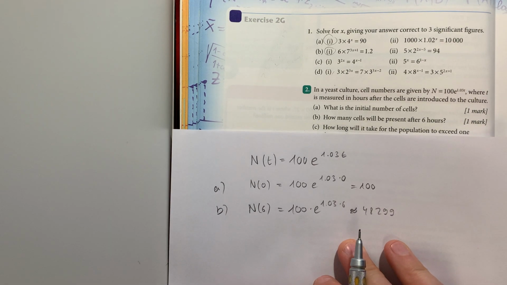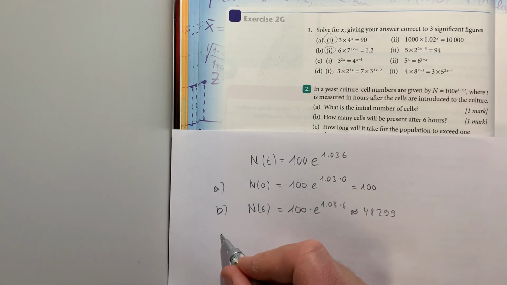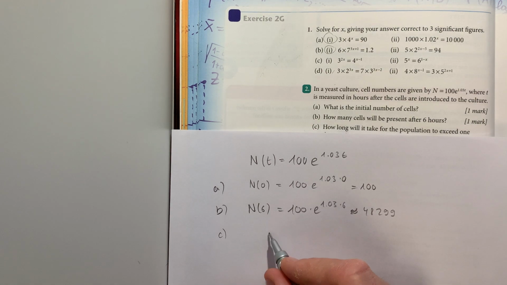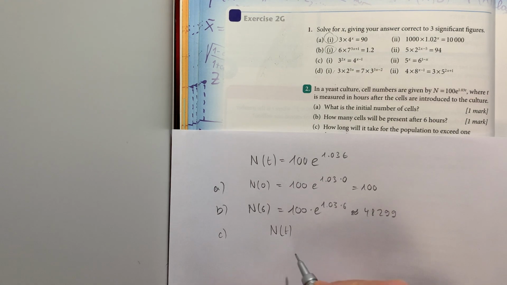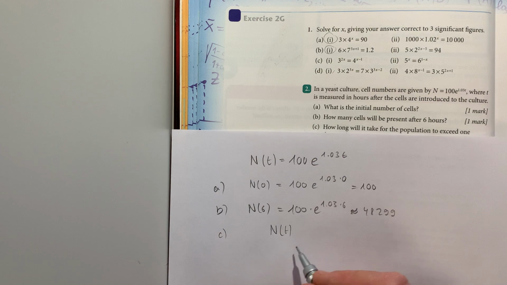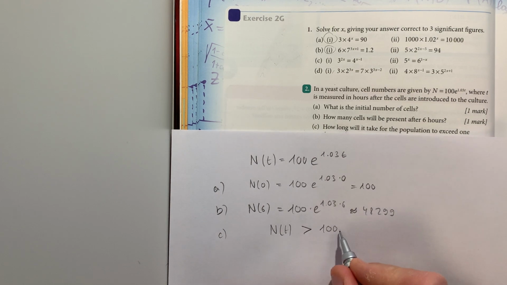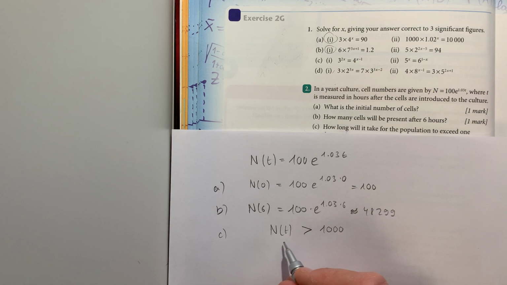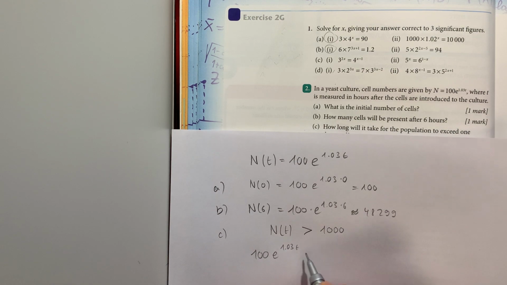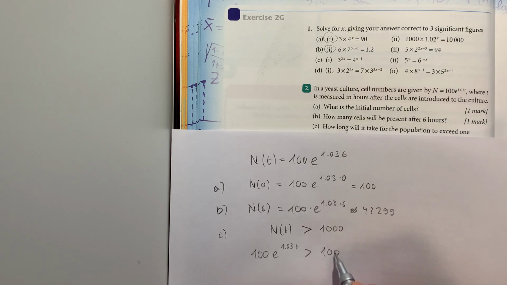Then C, that's slightly more difficult, but not too difficult. N(t), the number depending on t, is greater than 1,000. That's the question: for which t is it greater than 1,000? You just plug in what you know. 100 e to the 1.03 t greater than 1,000.